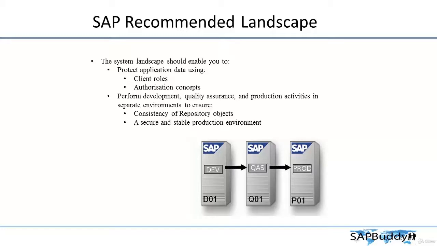Then you check whether the repository objects are changed properly. Once the quality assurance is done properly, then you can move to production, so that you have already tested the repository object changes in the quality system thoroughly, and the productive system or the productive data will not be affected by these changes.